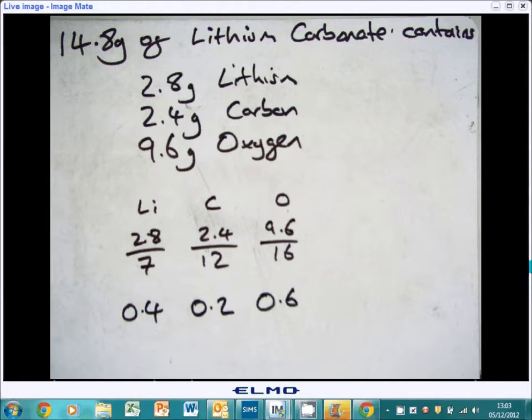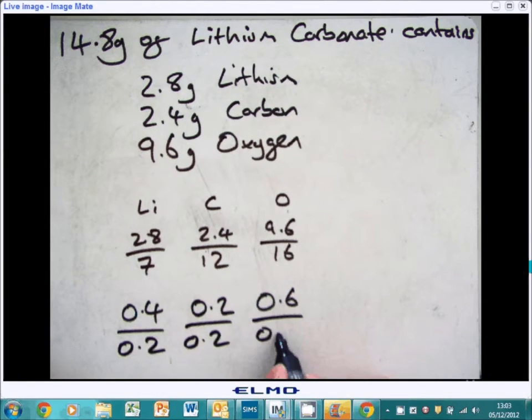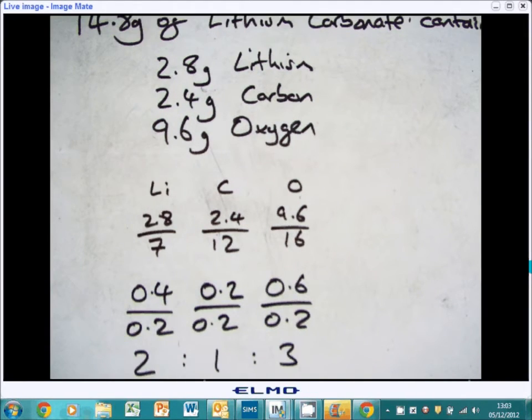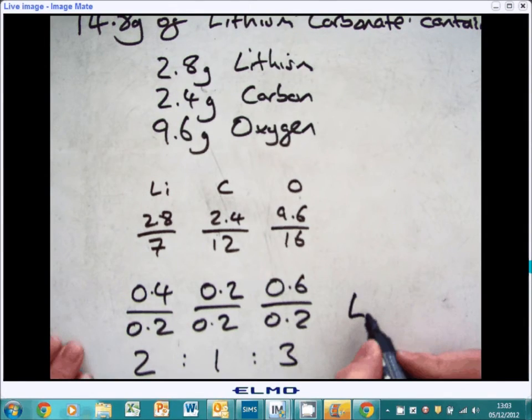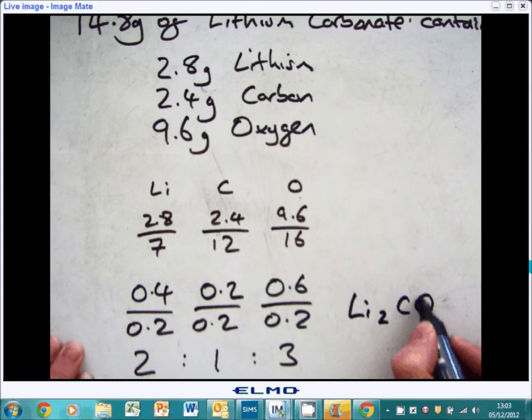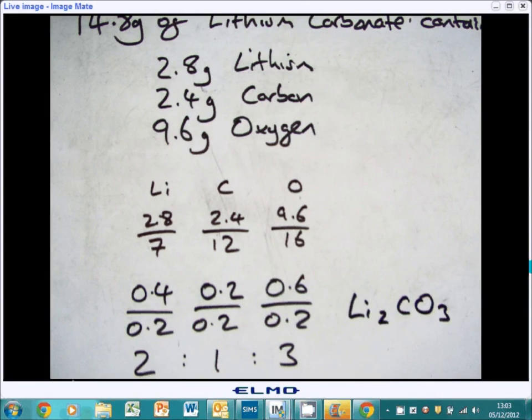So then all you have to do is divide by the smaller number, so divide each by 0.2. And that gives you your ratio for lithium carbonate, which in this case is 2 to 1 to 3. Therefore my formula for lithium carbonate is Li2CO3.